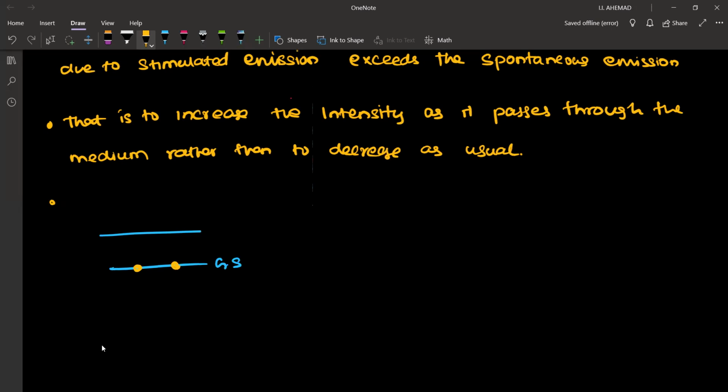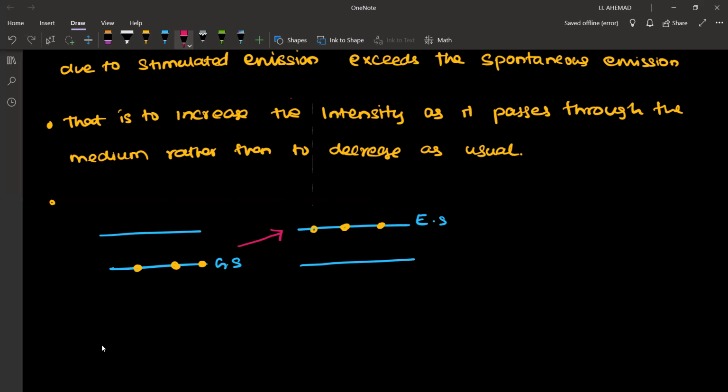So if I draw all the electrons in an energy level, all the electrons will be in the ground state. But for the stimulated emission to occur, we need to have the electron in the excited state. We want more electrons in the excited state. So this is opposite to normal affairs, right? Normally it is in the ground state, but we need to have it in the excited state.